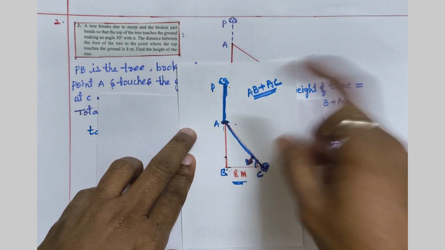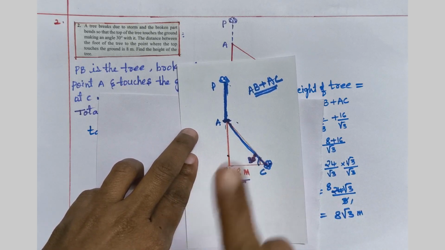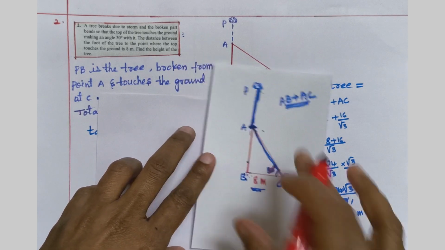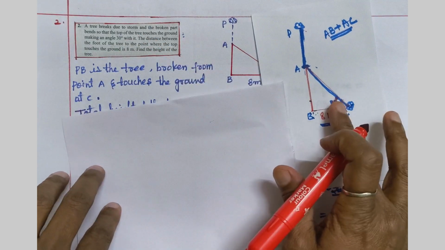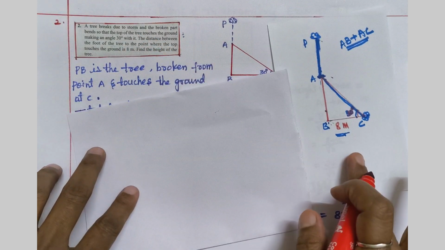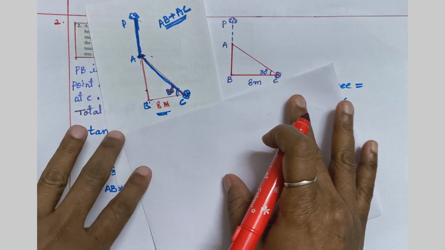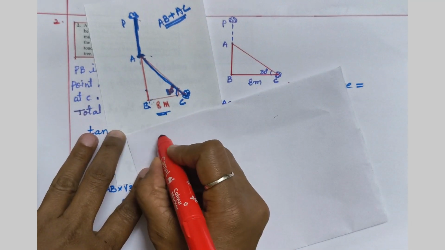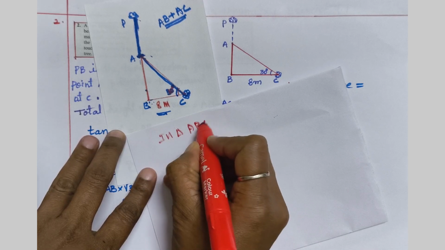Using tan and cos, you will get both answers. Okay, shall we start? First we will use tan. See, this is the diagram. This is the 30 degree. I am taking triangle ABC.